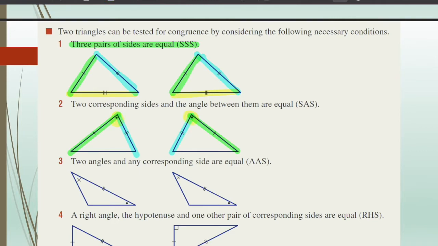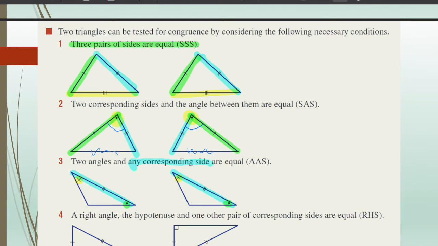We might not know the length of the third side in this example, but if we can figure out what this angle is, that's enough to say that the 2 triangles are the same. Now, if you know 2 angles and 1 side, that is also a valid test for congruence. And it's important to note here that it is any corresponding side.